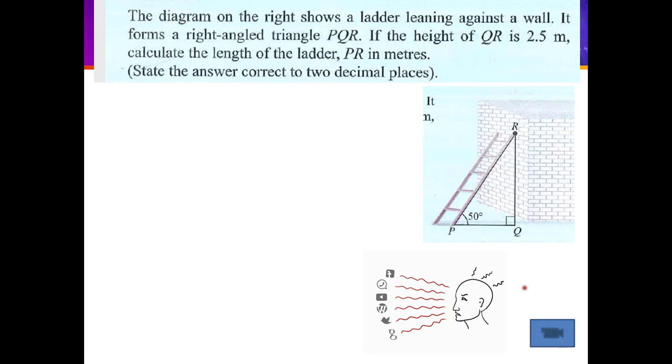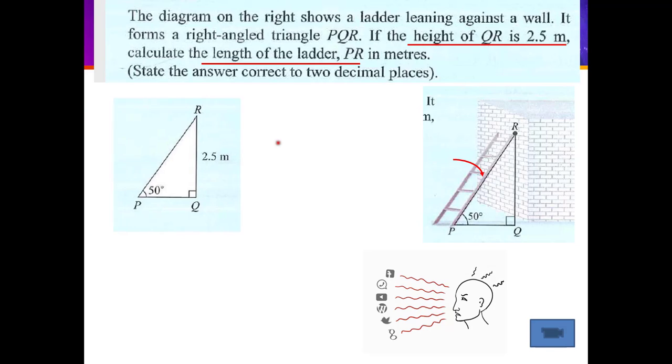What should we do? We don't panic. We take the information that has been given. The height of QR is 2.5, and the length of the ladder is PR. PR is over here, QR is here. The length of the ladder is what the question asks for.